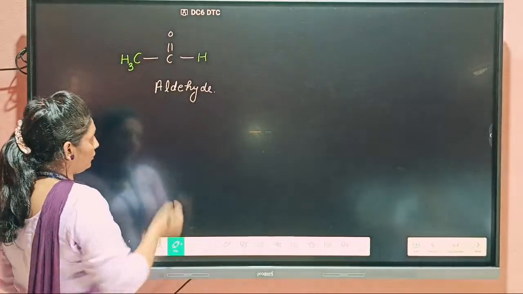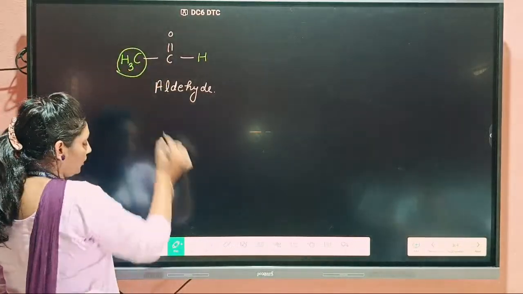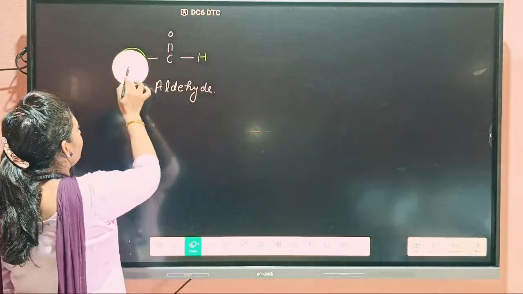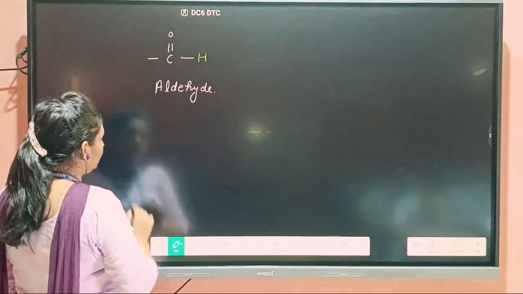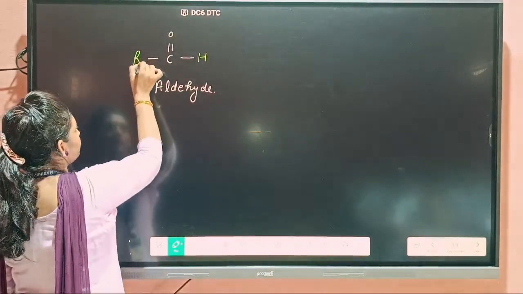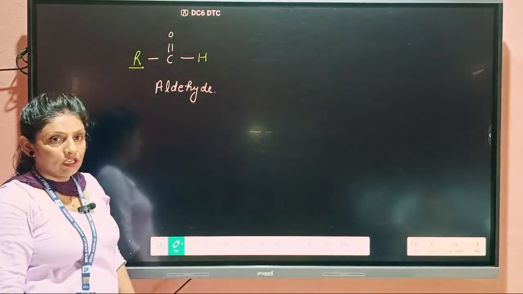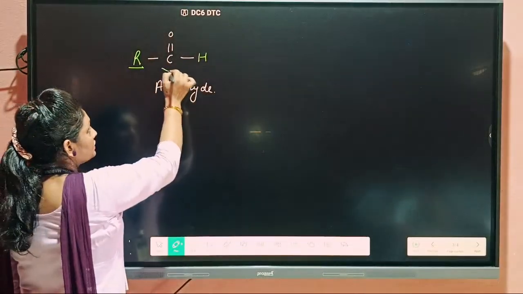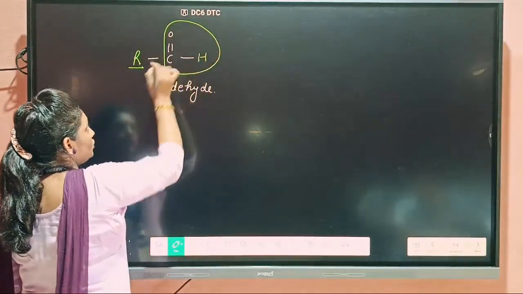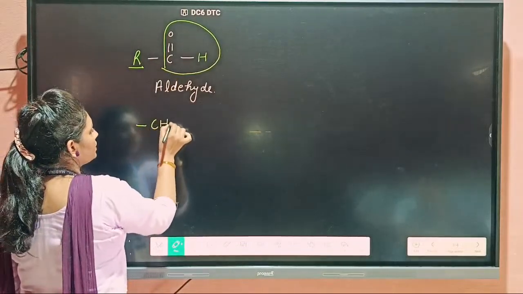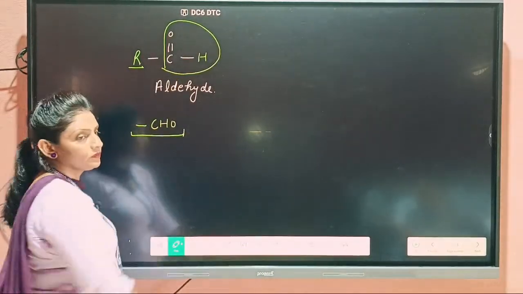Any alkyl group may be here. I am taking a methyl group, you can take any other. So this one group, the CHO group, is known as the aldehydic group.